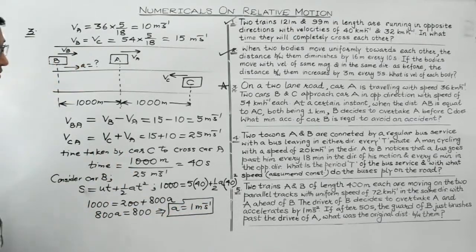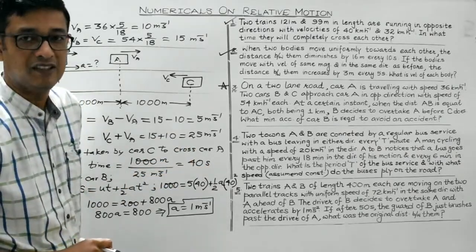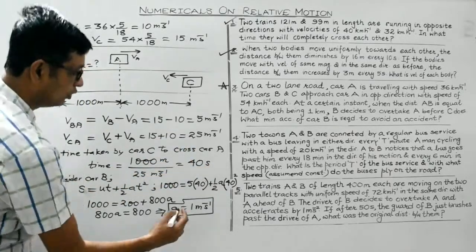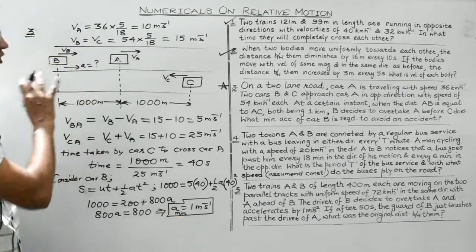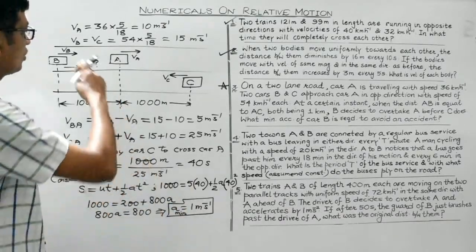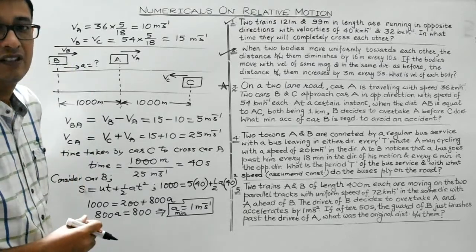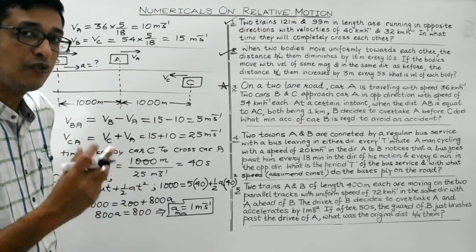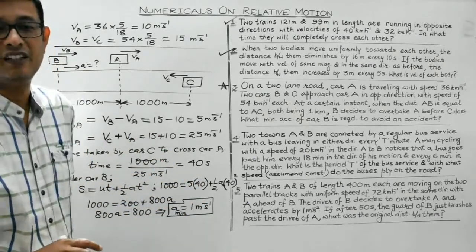And students, remember, this is the maximum time available to car B, so this is the minimum acceleration with which car B must accelerate so as to overtake car A before C does, so as to avoid any sort of accident. So the minimum acceleration car B requires is 1 meter per second square.